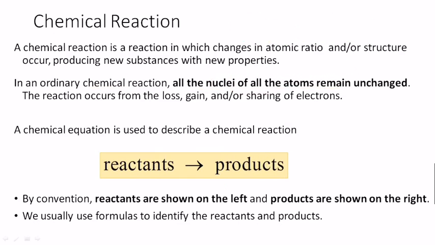Many things I like in chemistry, one of them is we use what's called chemical equations. So a chemical equation, you read it from left to right, and it tells a story. Reactants are what you start with, and products are what you end with.